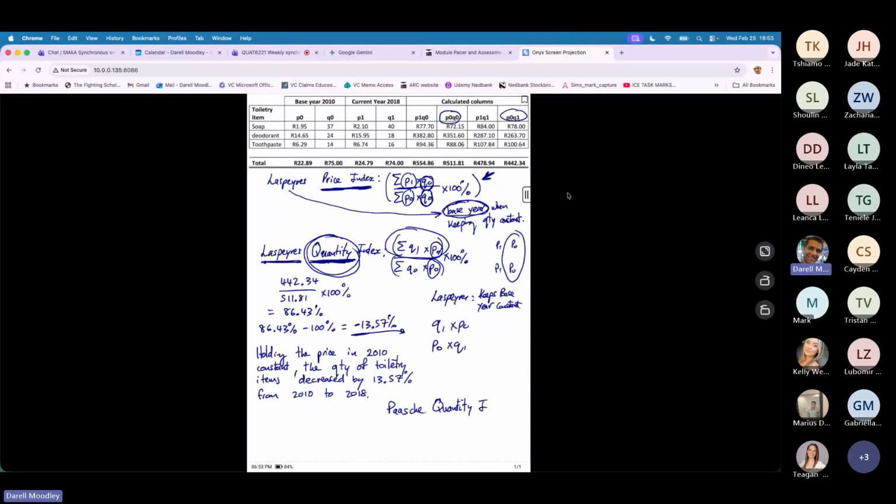The answer you should work towards is 86.32%. Remember to get the change and interpret it. So this is your exercise. Please give it a shot.